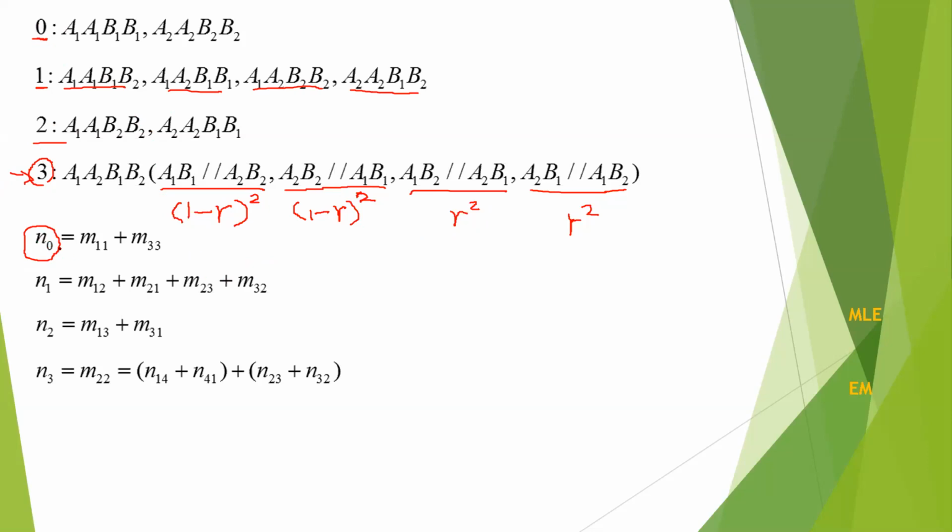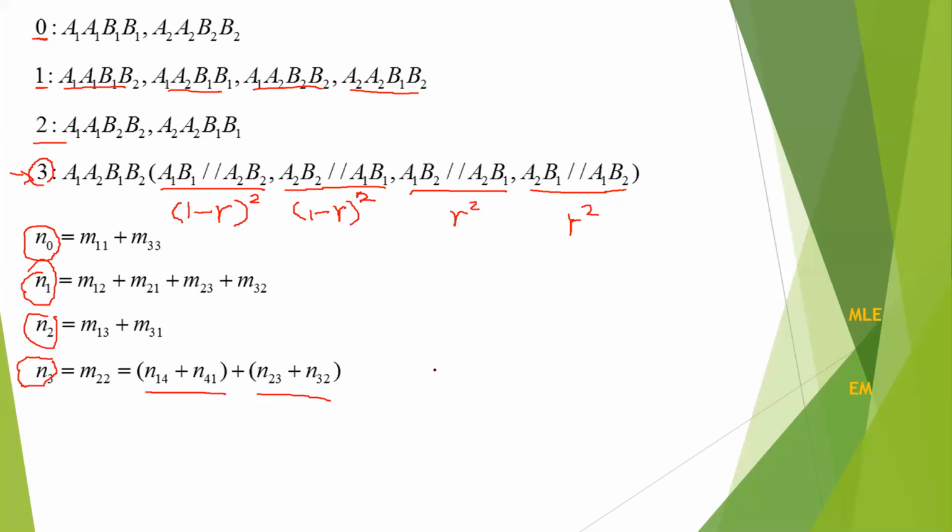I use N0 here to represent the number of individuals, progenies falling in this category. N1, N2, and N3, because N3 is like 2 parental type plus the 2 non-parental type, right?